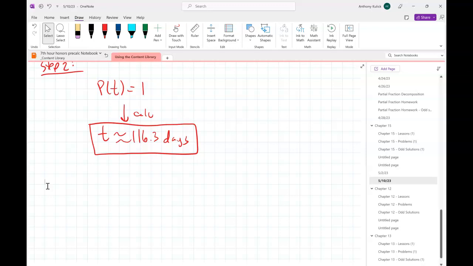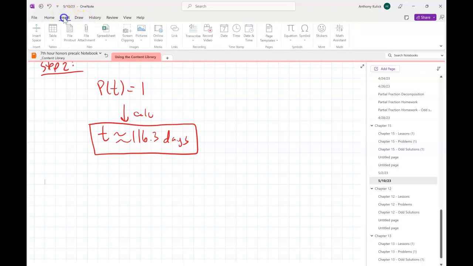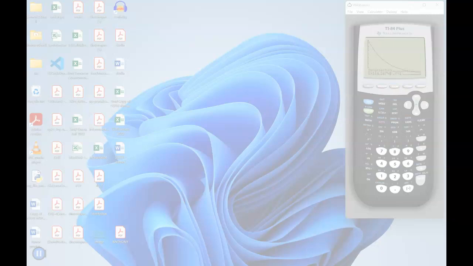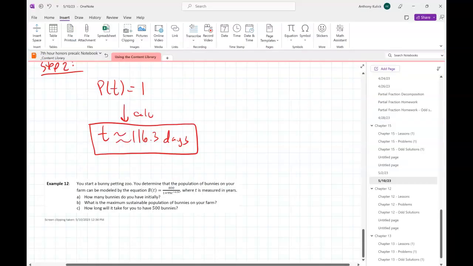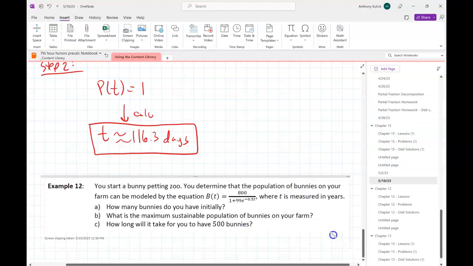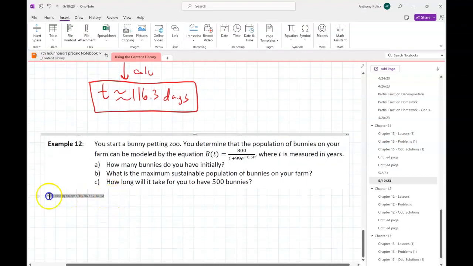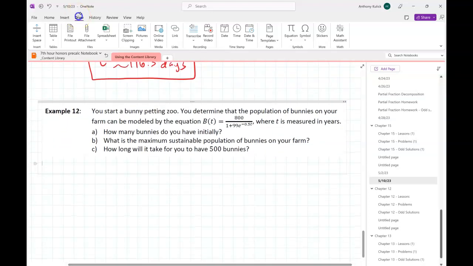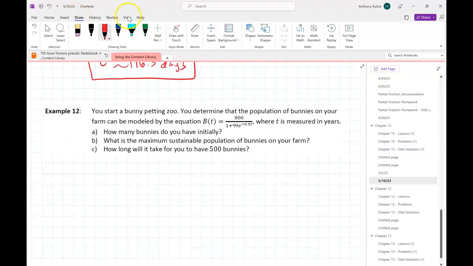So what turns out to maybe be a better model over the long term is a logistic model. We talked about the logistics last time, but let's look at an example of a population model given with a logistic function. So this one says you start a bunny petting zoo.